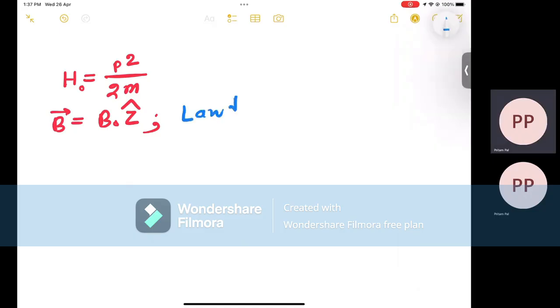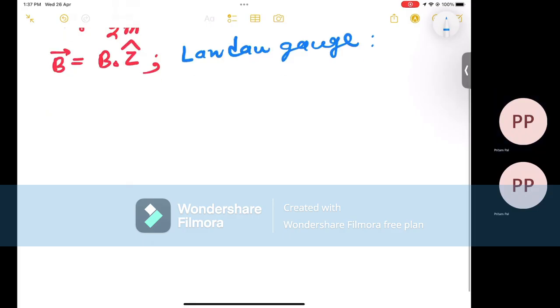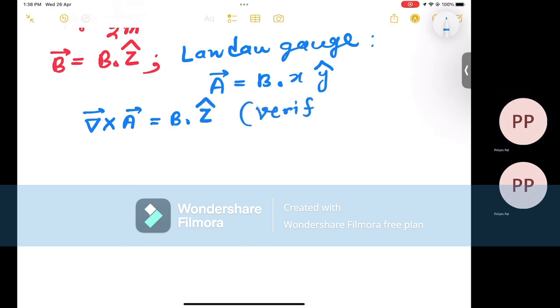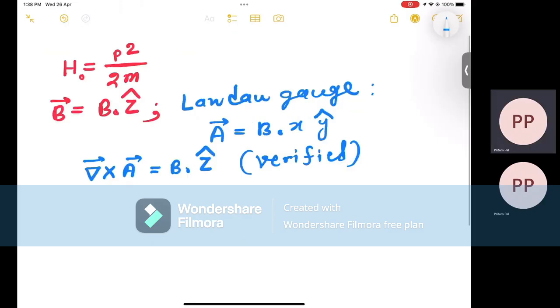So the Landau gauge, which I'm considering, is A is B naught x y cap. Simply if you take the curl of this, you will get B naught z. You can also check that. So it's verified, right? This is called one of the Landau gauges. So that's what we are taking.